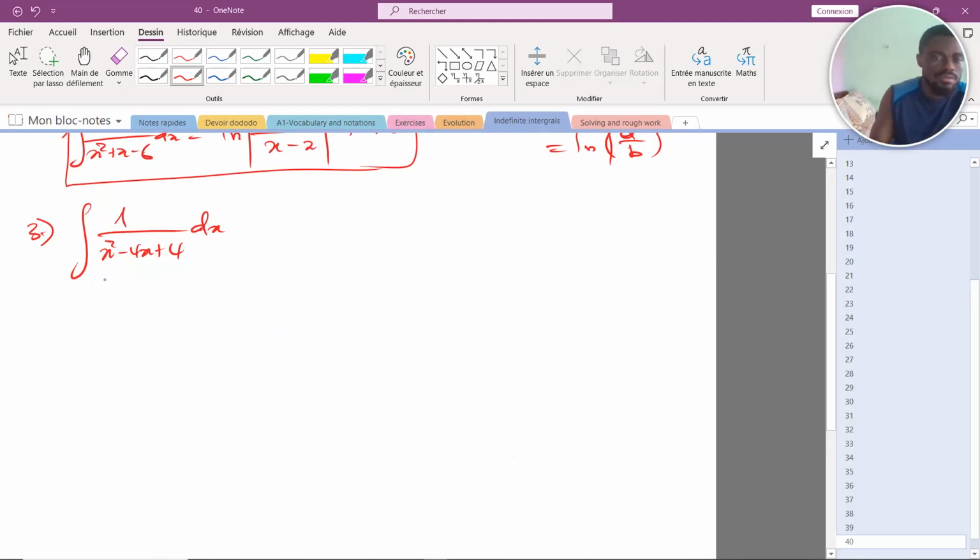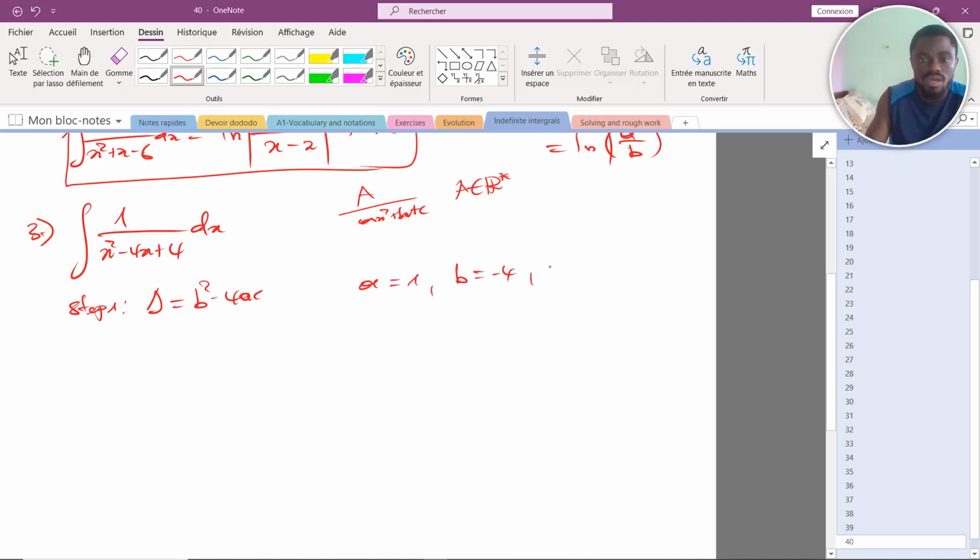Now we notice that it's still in the form a on ax squared plus bx plus c, where a belongs to R star. Naturally the first step to do is to calculate the discriminant. So I'll calculate delta, which is equal to b squared minus 4ac. Our a here is 1, our b is equal to minus 4, and our c is equal to 4.